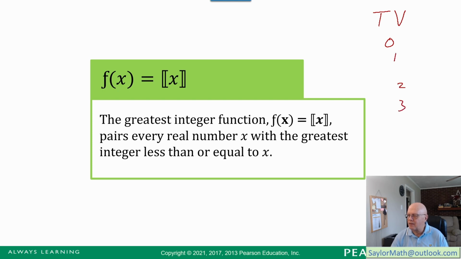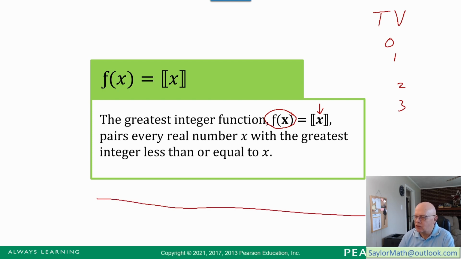You can't have some fraction. So this takes that number and gives you back the biggest integer to the left or at x. Now what do I mean by that?